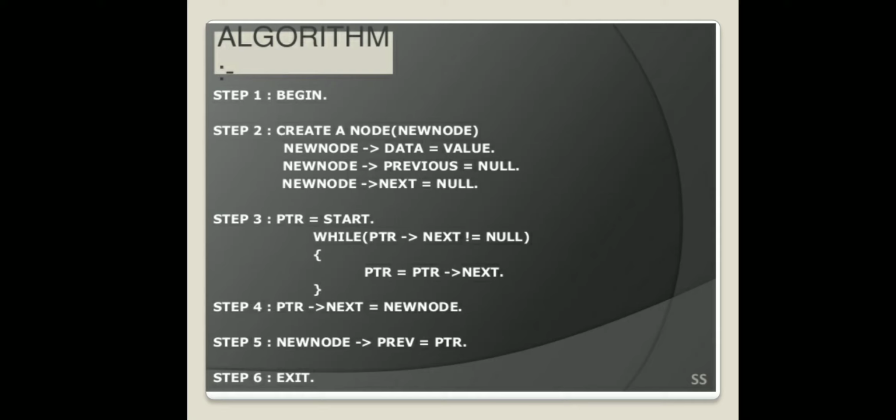New node of previous should be indicated by null, and new node of next is indicated by null. PTR equal to start. While PTR of next is not equal to null, PTR is nothing but PTR of next. Step 4, PTR of next is nothing but new node. New node of previous is nothing but PTR, then exit.